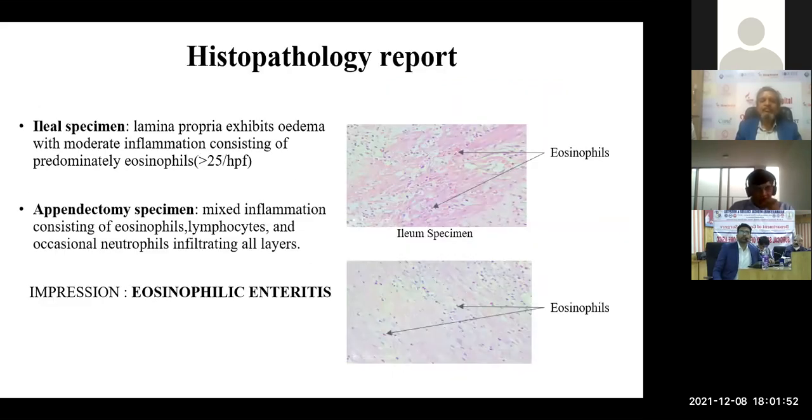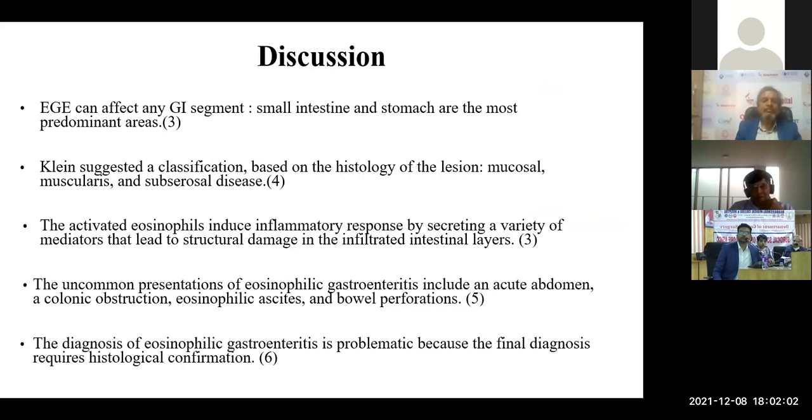The histopathology report of the ileal and appendectomy specimen showed eosinophilic enteritis, wherein eosinophils were infiltrating all the layers of the bowel wall. Discussion. Eosinophilic gastroenteritis can affect any part of the GI segment. Small intestine and stomach are the most predominant areas. Klein suggested a classification based on the histology of the lesion: mucosal, muscularis, and subserosal disease.